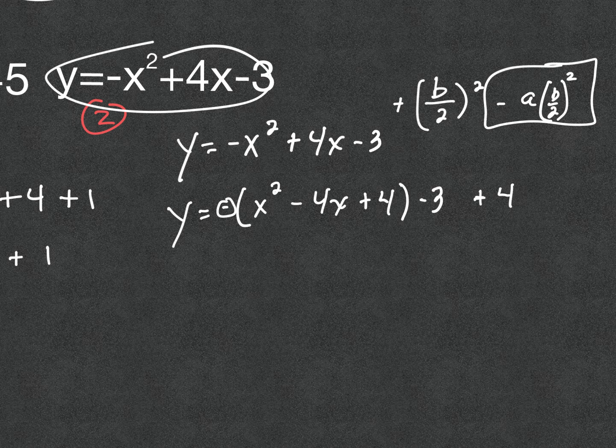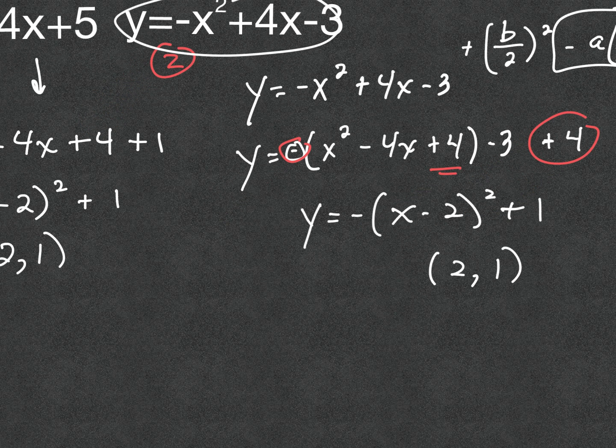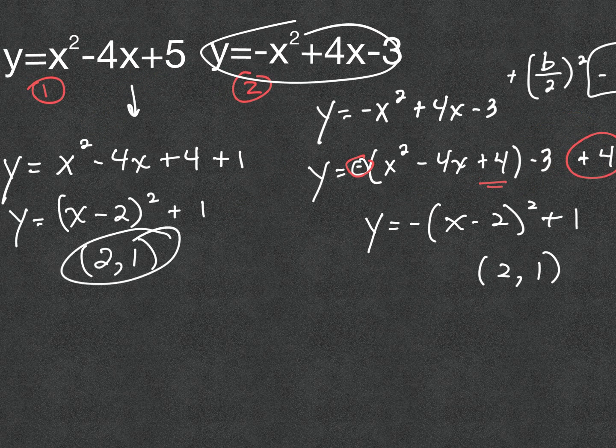An easier way to think about it: I added the 4 here, right? But it was really a negative, so I subtracted a 4, so I need to add a 4. And so what does this give me? Well, this gives me y equal to negative (x minus 2) squared plus 1. What's the vertex? (2, 1). They have the same vertex, so they touch in one point, okay? Yeah, one goes up and the other goes down.